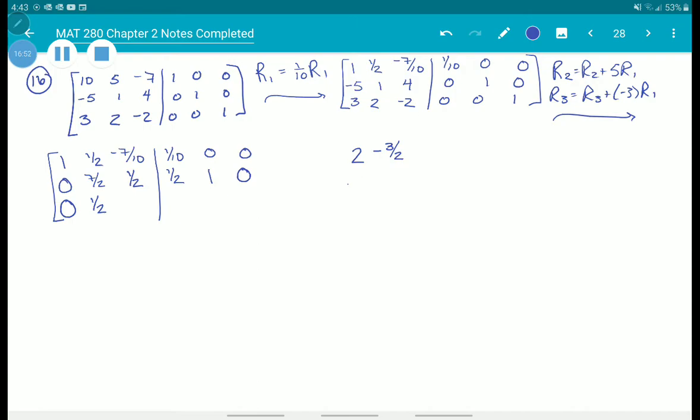We're going to have negative 2 plus 21 over 10, one-tenth. We're going to have 0 minus 3 over 10. 0 plus 0. And 1 plus 0.